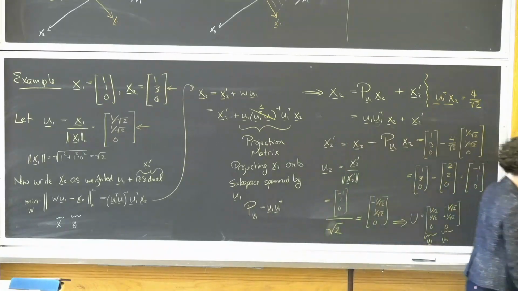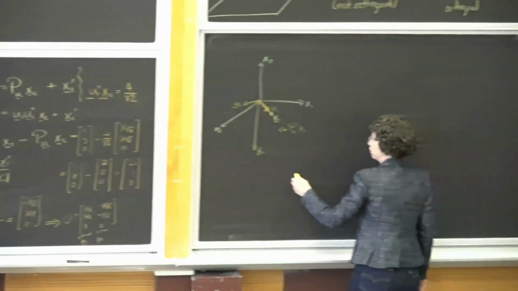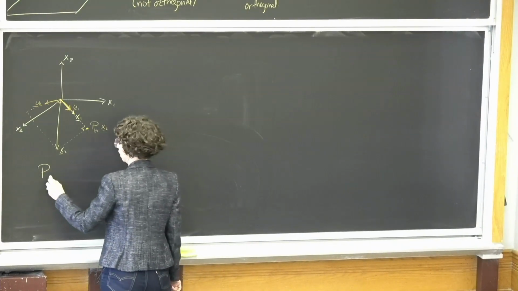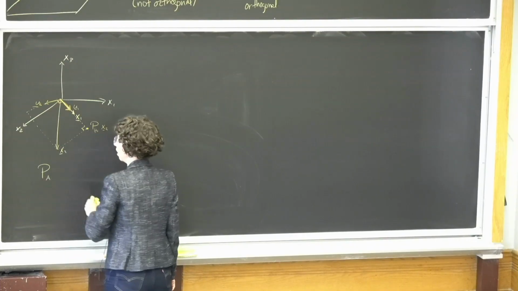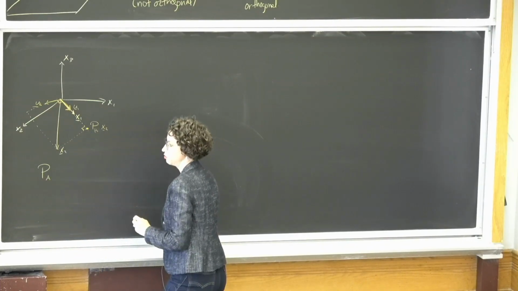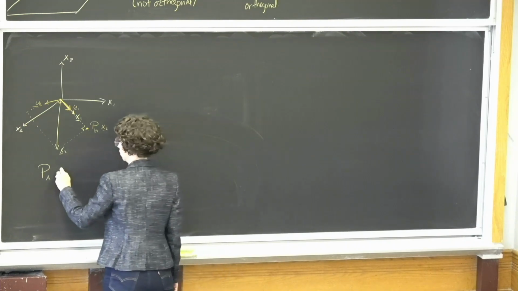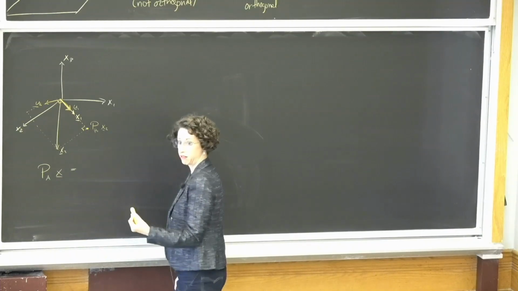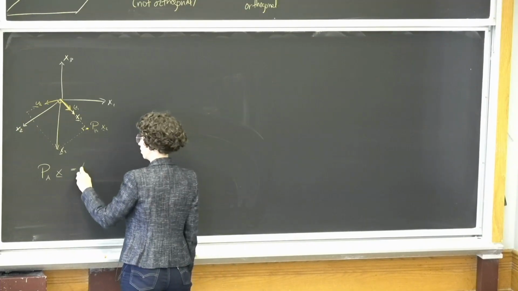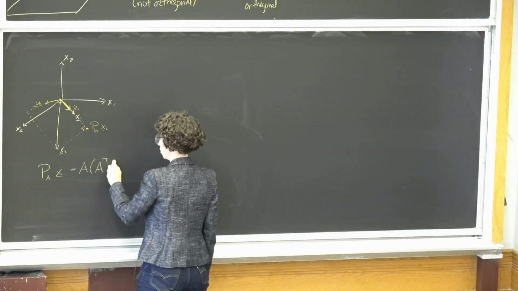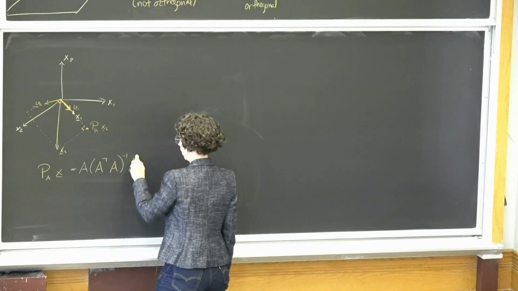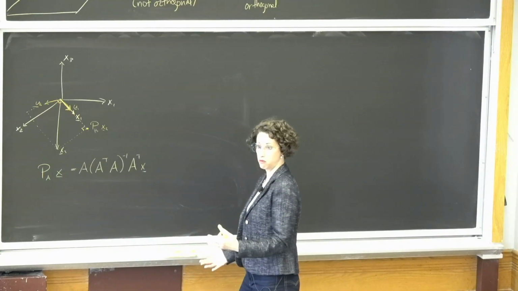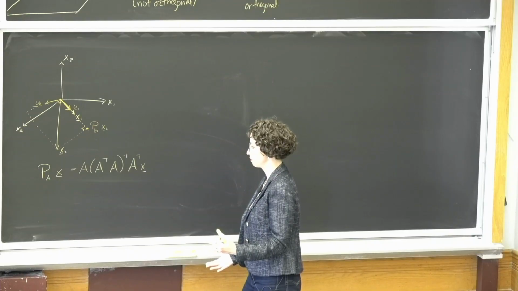In general, if you wanted to project onto a space spanned by the columns of some matrix A, and we wanted to project a vector, let's just say X, onto that, then the projection that we derived before when we were talking about least squares had the form A (A transpose A) inverse A transpose X. So this was the general form for a projection matrix.